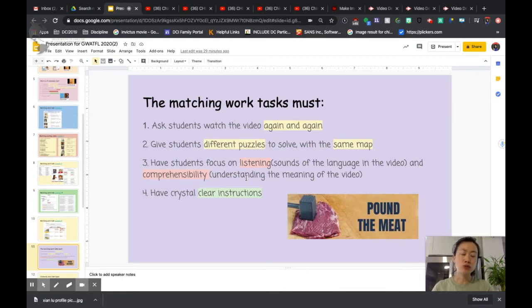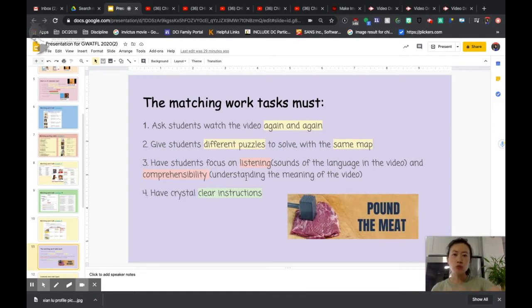You have to give students this video and let them watch it many times, not with the same task, but with different tasks. It's like pounding the meat from different perspectives, but you have the same piece of meat, same piece of video.